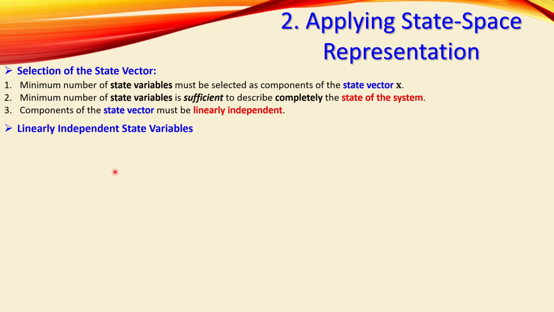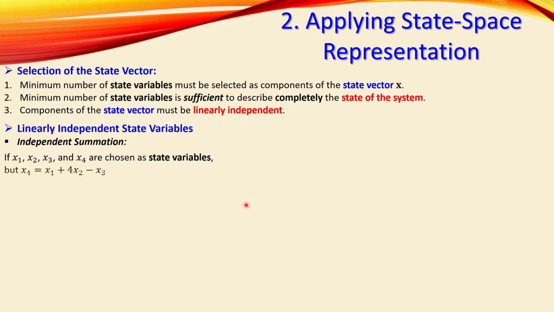Now, linearly independent state variables, what does it mean? First, independent summation. For example, if we have x1, x2, x3, and x4, so four state variables that we have chosen from our dynamic system, and we know that x4 is given by x1 plus 4 times x2 minus x3, what does it mean?